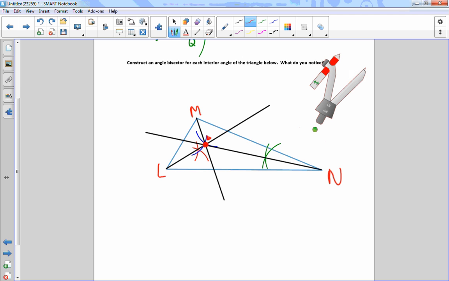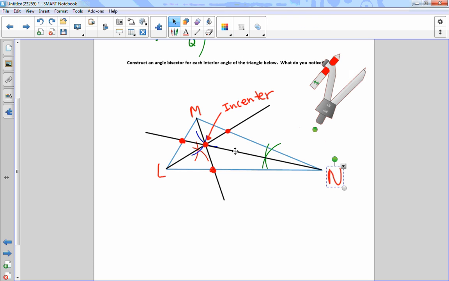This point here is called the in-center. The angle bisectors touch the triangle twice: on the vertex and across. Right here, between L and N. Right here, between L and N. And right here, between N and N.